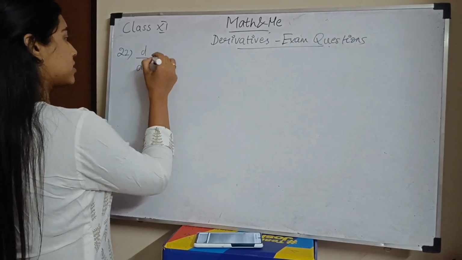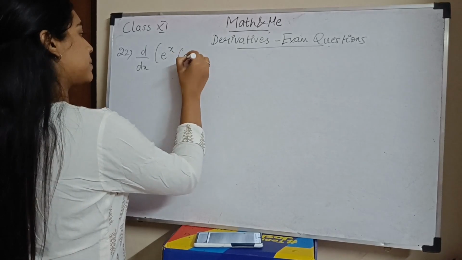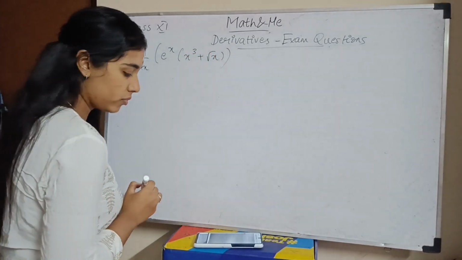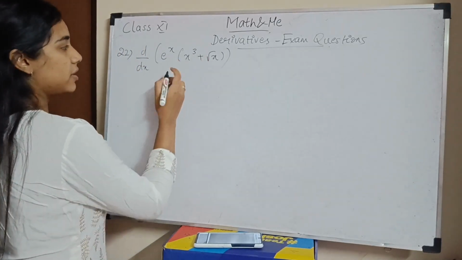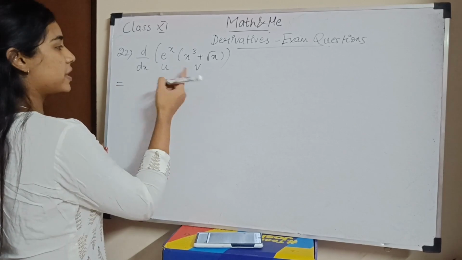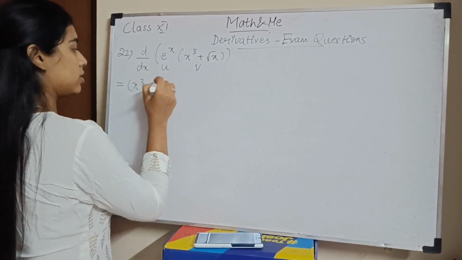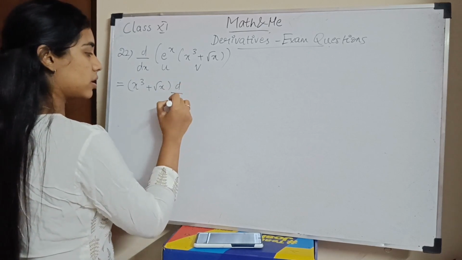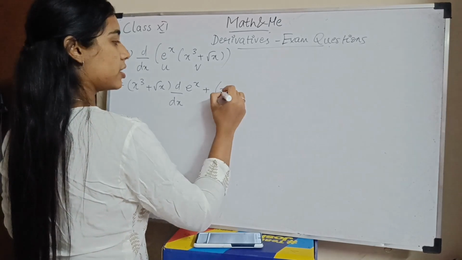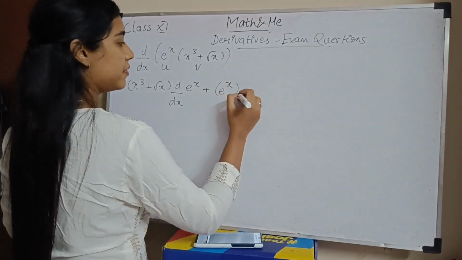d by dx of e to the x times x cube plus root x. So when you take the derivative, you have u and v. Okay. So this becomes v u dash plus u v dash, with v in a bracket.